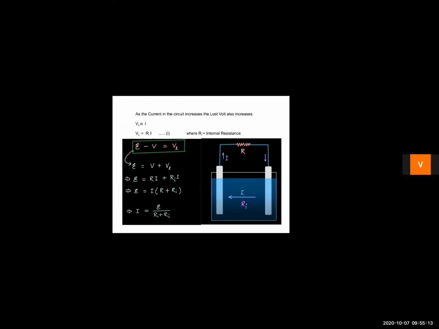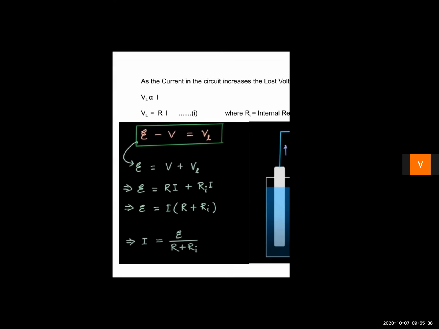Right beta? And as the current increases, जितना ज़्यादा current होगा, the lost voltage will be more. So as the current increases, the lost voltage will increase. So lost voltage and current are directly proportional to each other. And now if we remove the proportional sign, then a constant will appear, right children?